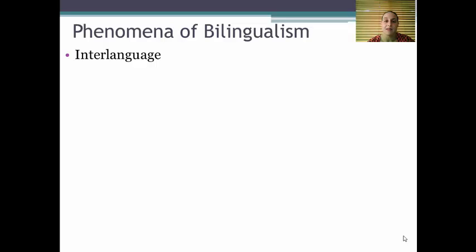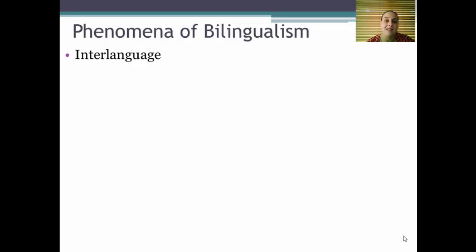So basically what happens is that when a student is learning a second language, they're coming to the task already having a foundation in a first language. And so they have rules and sort of grammatical awareness that they've already developed in that first language. And many times in the process of learning the second language, they're going to try and apply those rules.